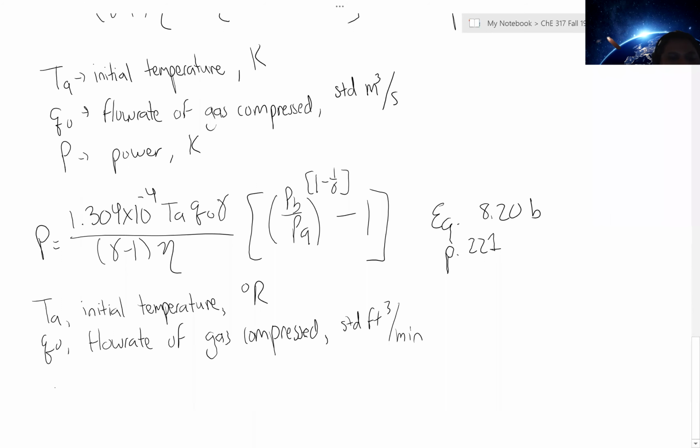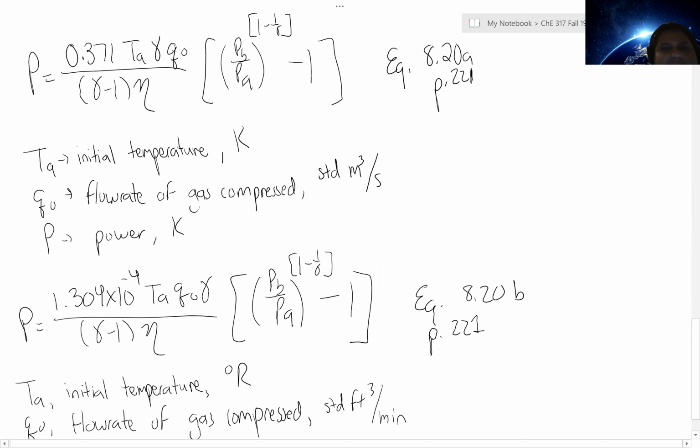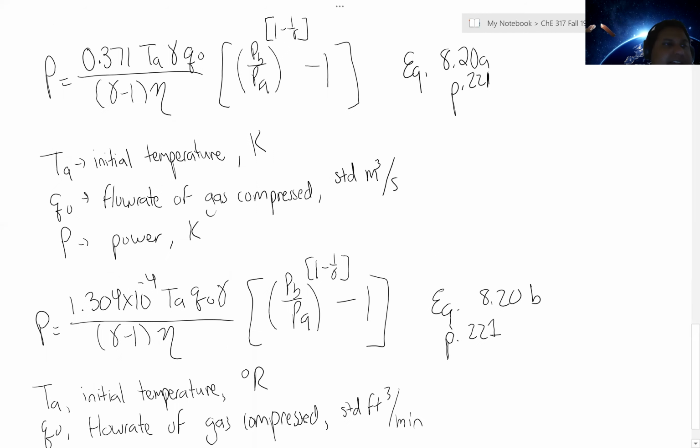And this provides power in horsepower. So it's the same expression, it's just been corrected for unit conversions. So you can use either of these equations to solve for power in a compressor, provided you're using the proper units when you plug in.